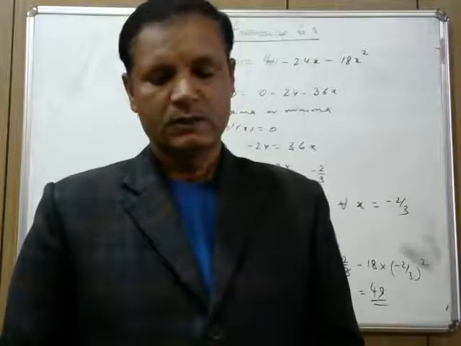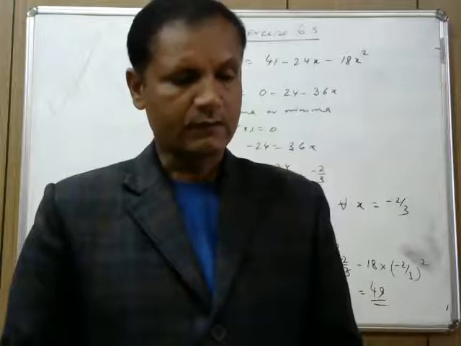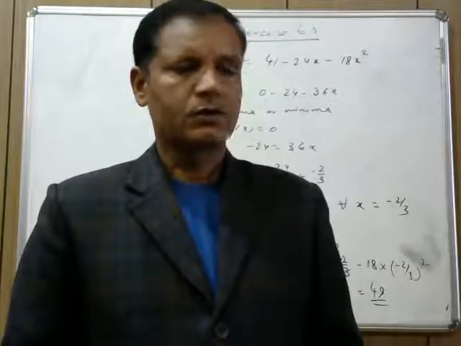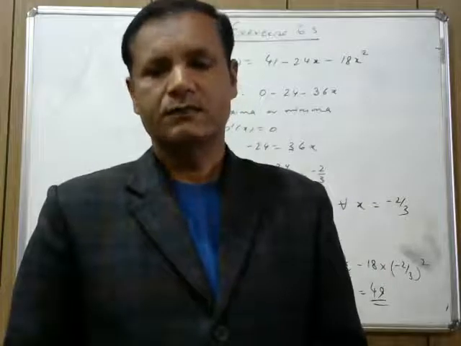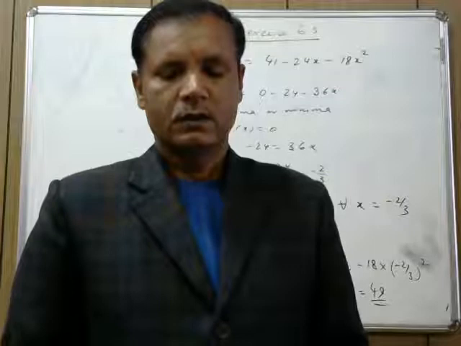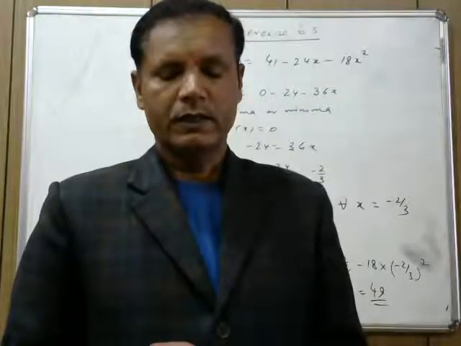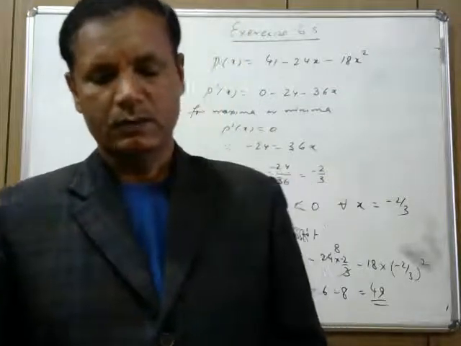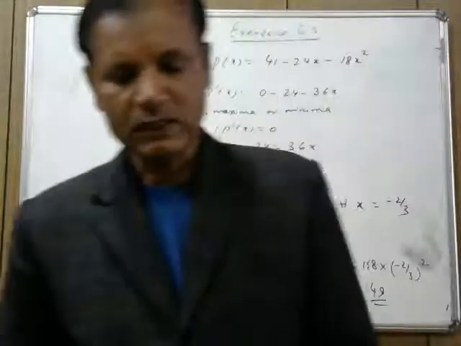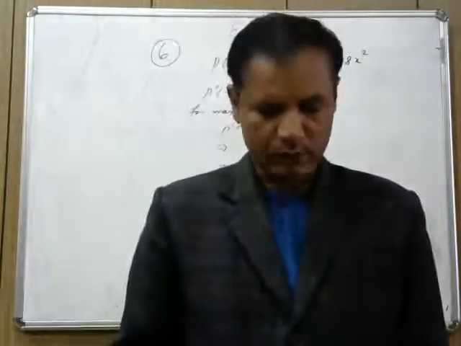First of all we will differentiate it, put it equal to 0 to find the critical points, and then at all the points including 0 and 3, we will find the maximum value of the given function. I hope that you all can do it.